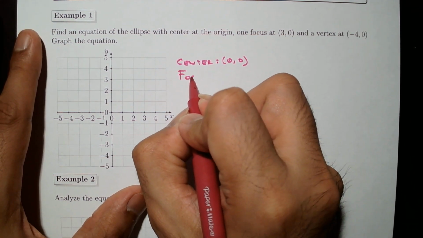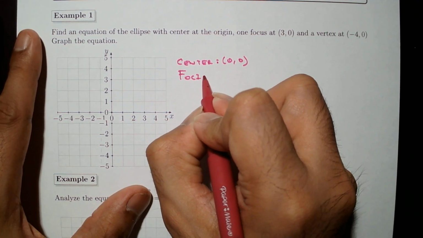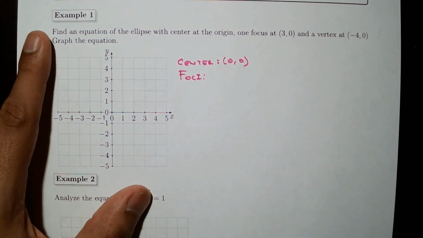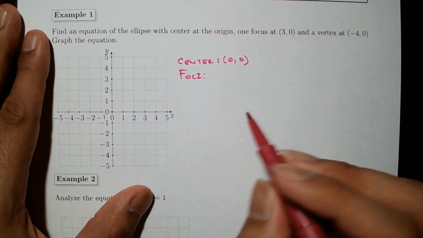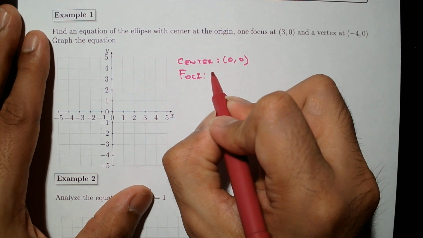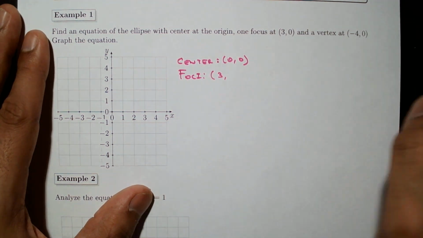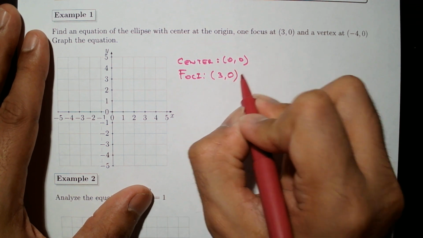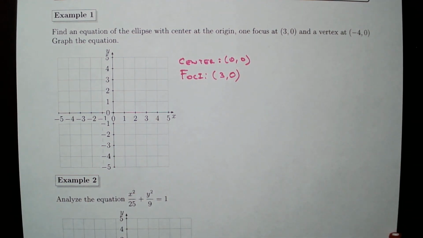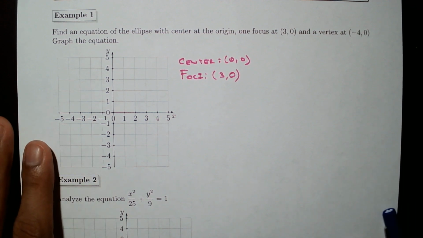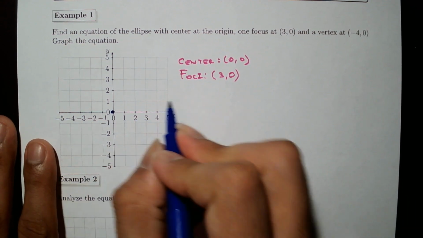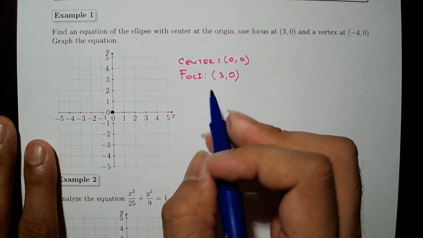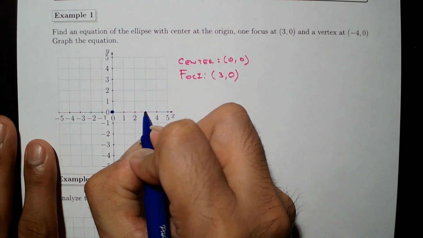Foci, that's the plural of focus. They're telling us that one of the foci is (3, 0). I'm going to start plotting those points: the foci, the center. The center is the origin, and one of the foci is (3, 0).